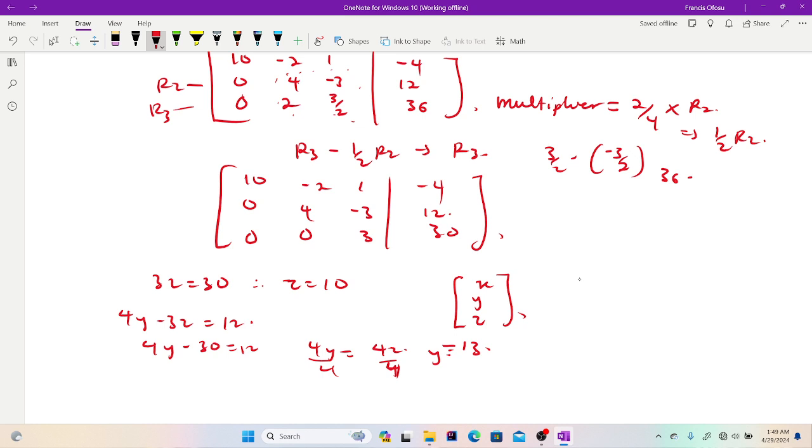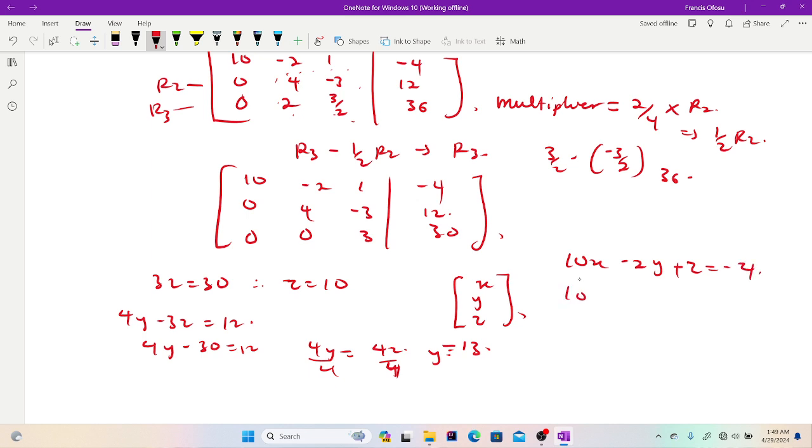Then you move to the x. So to move to the x, we are going to have the first equation, which is 10x minus 2y plus z is equal to negative 4.